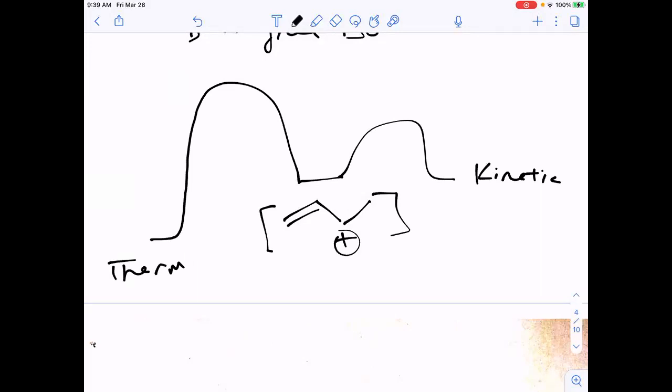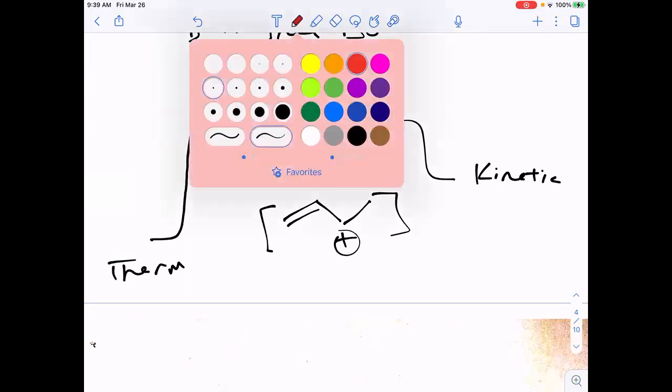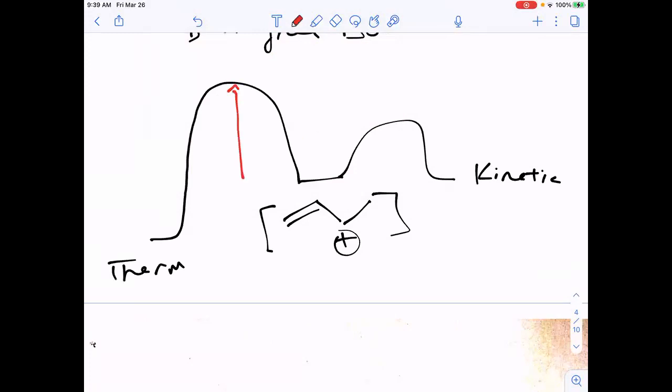Right, and you can see it immediately. The kinetic product has a lower activation energy. This is the activation energy right here, and this is all stuff from part 1 that we learned when we did enthalpy, delta H, delta G, exothermic, endothermic. When we did thermodynamics, all of this stuff we learned already.